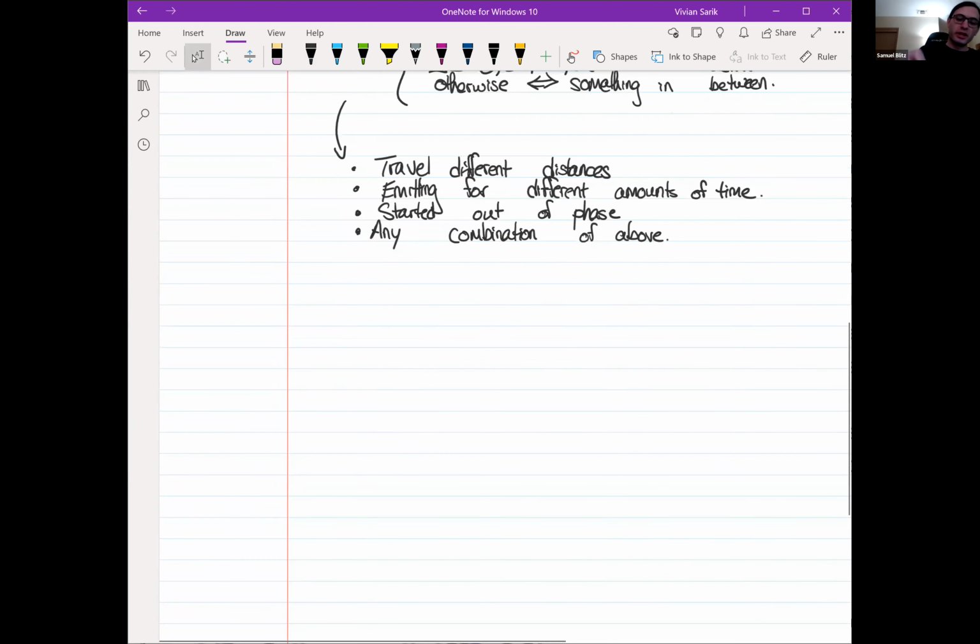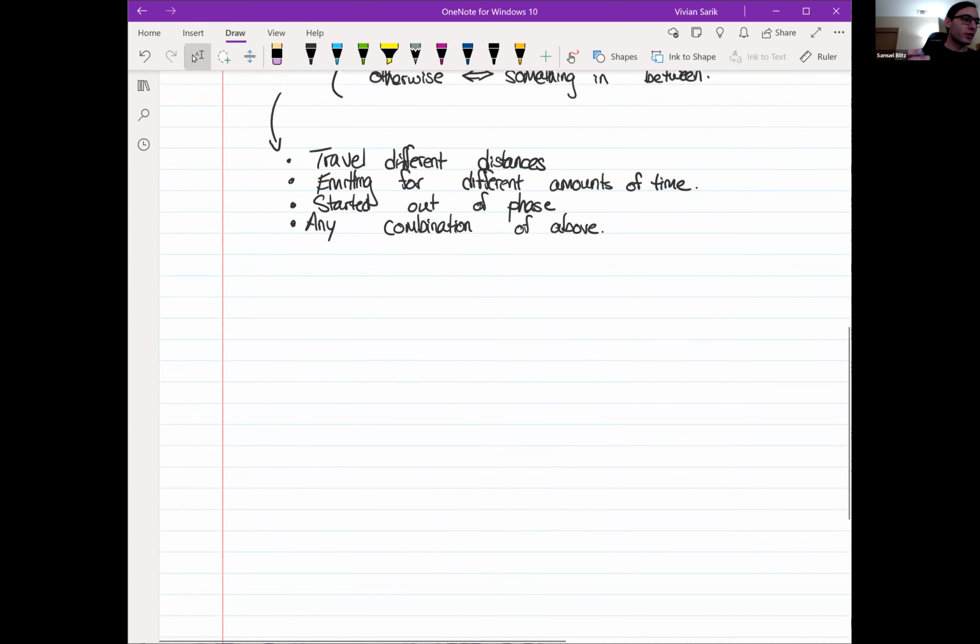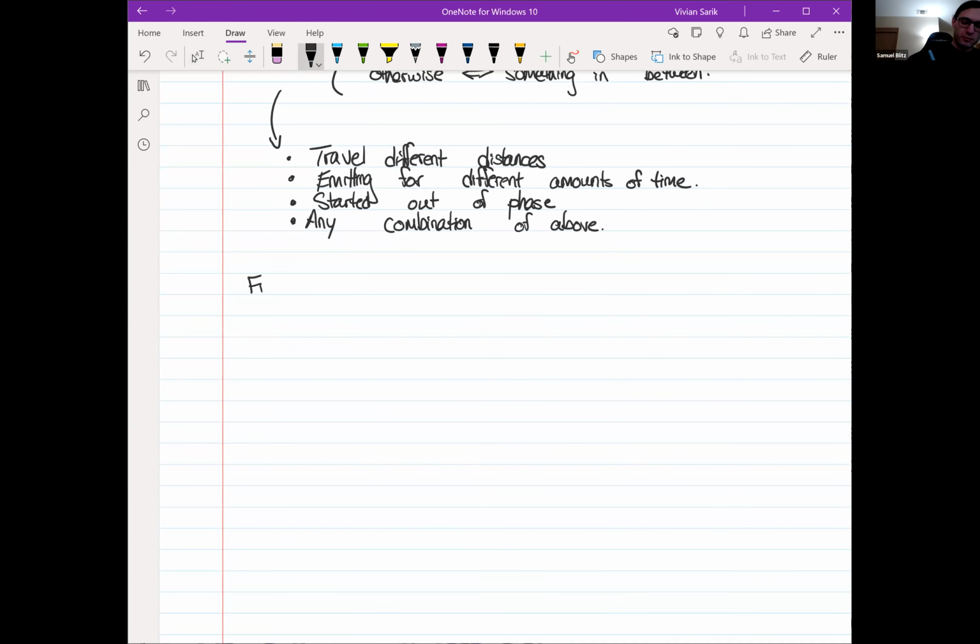And so let's do the first case, that they've traveled different distances. So the speaker assumptions that we're going to assume are that the speakers start in phase, i.e. maybe they have the same input.